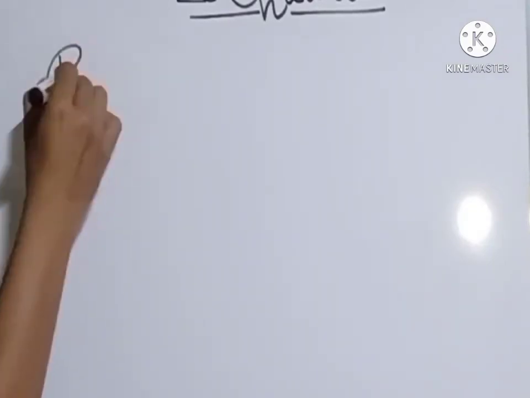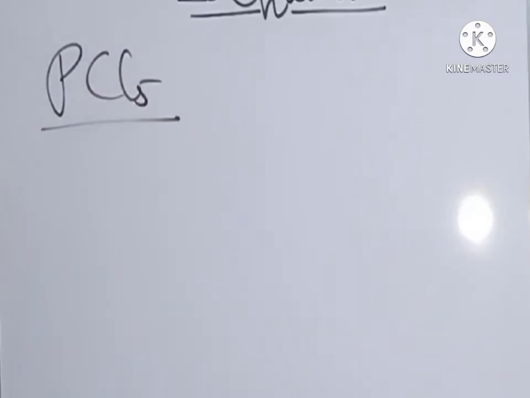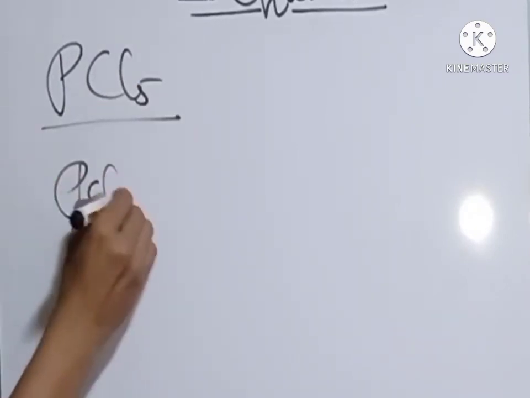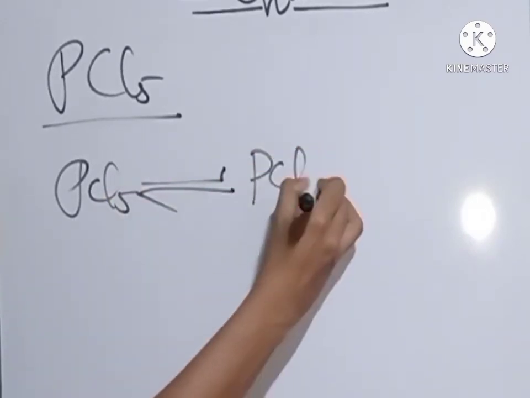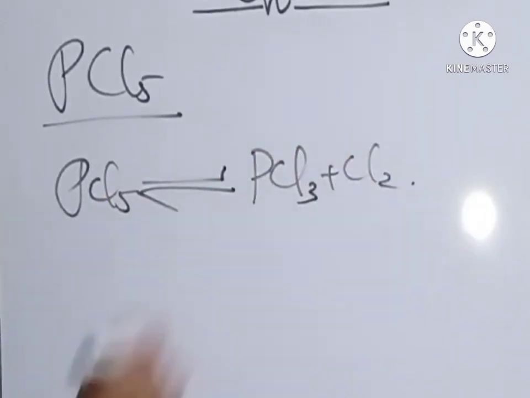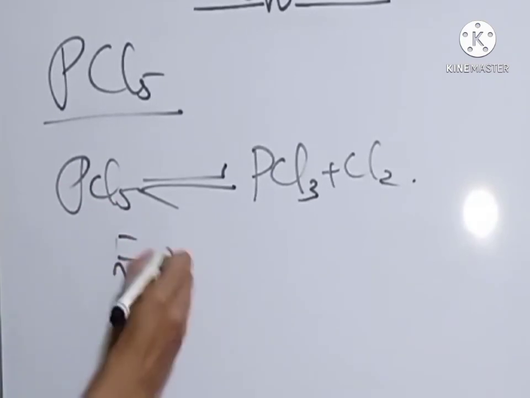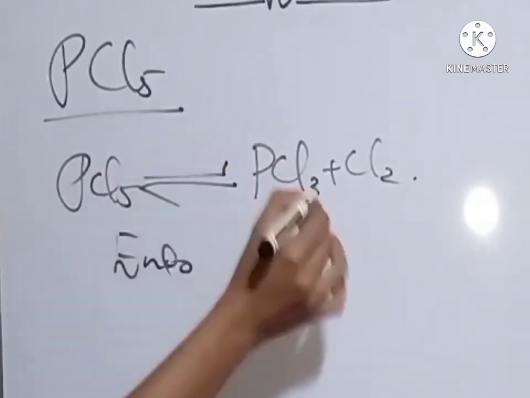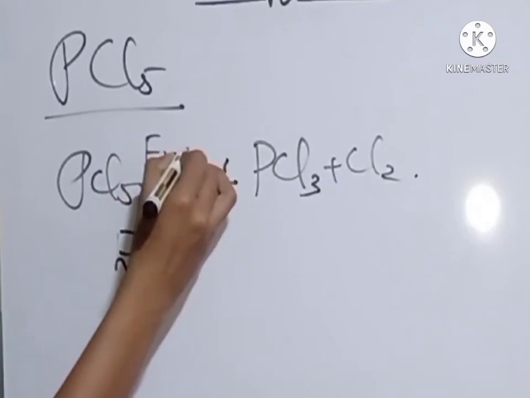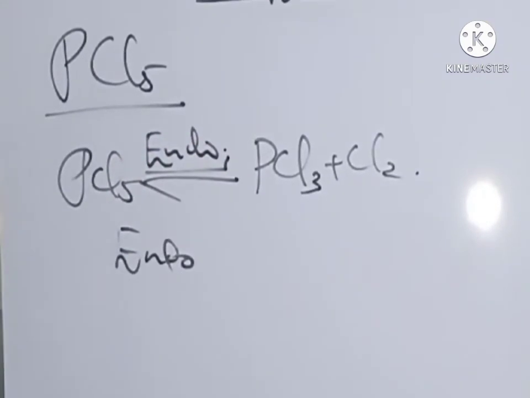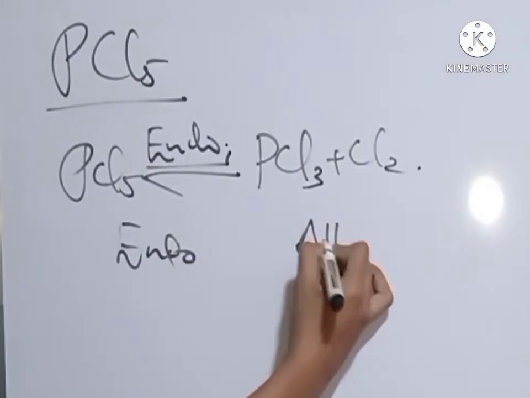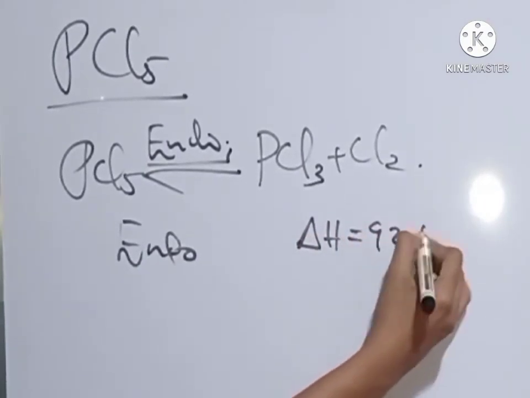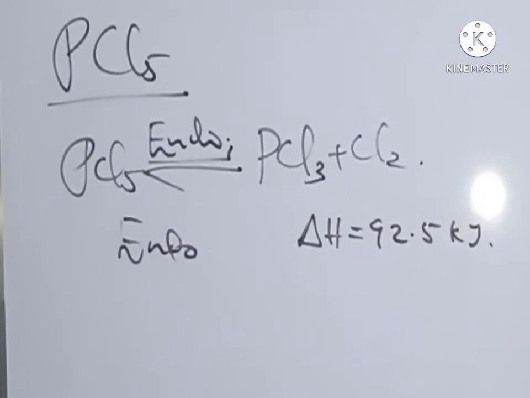In the same way, if we talk about the decomposition of PCl5, the decomposition is like this: PCl5 reversibly gives PCl3 plus Cl2. And this is an endothermic reaction. That is, the decomposition is an endothermic reaction. And the delta H value for this reaction is 92.5 kilojoule.